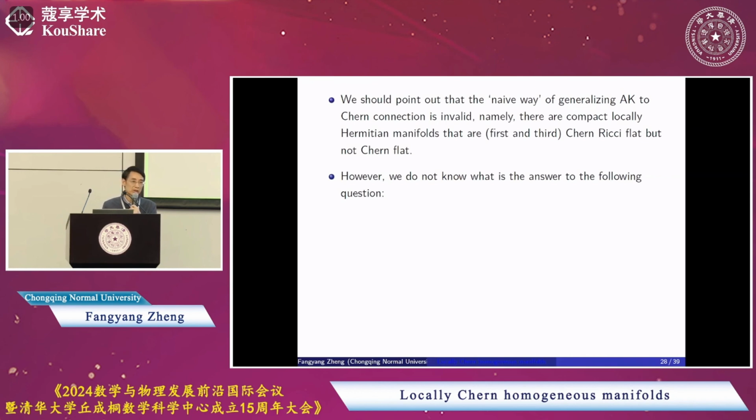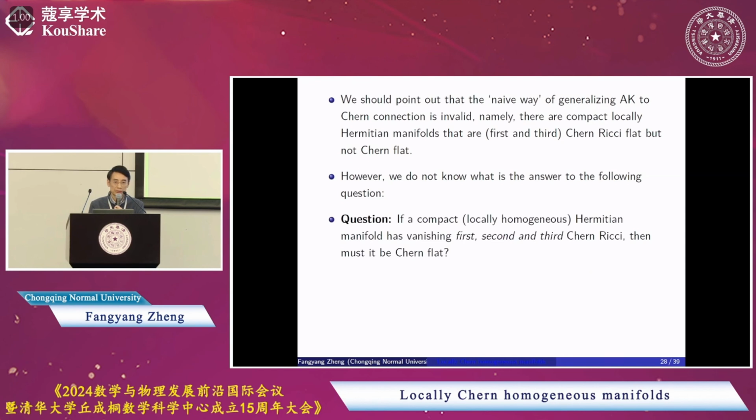But I don't know of any counterexample if you require all three Chern-Ricci to vanish, plus local homogeneity, then it might be Chern flat, I don't know. So that's still an open question. So we list that as an open question: if all three, first, second, third, all three Ricci vanish.